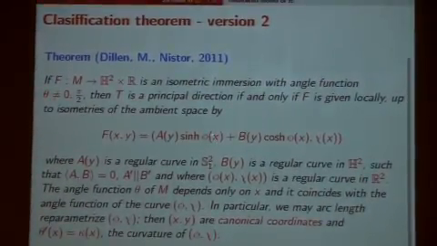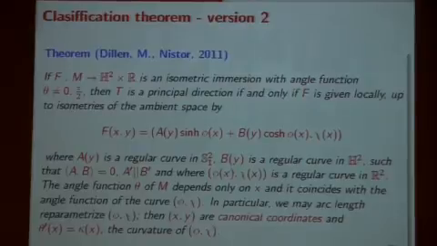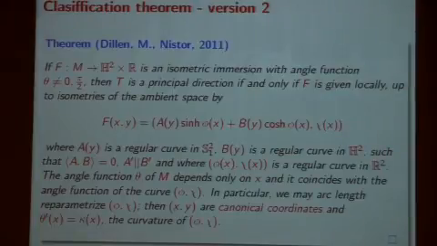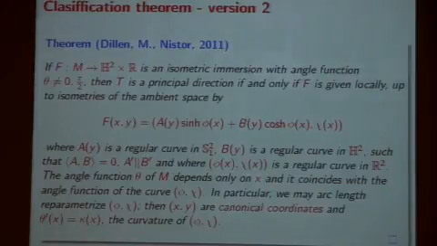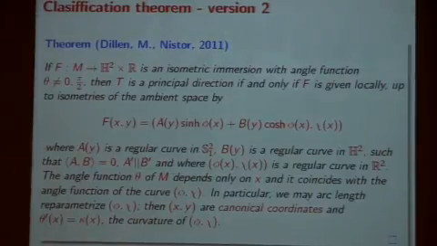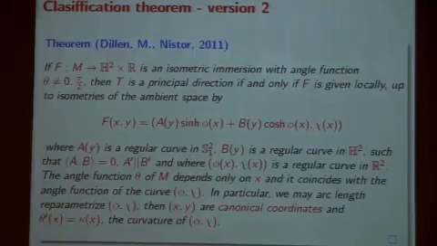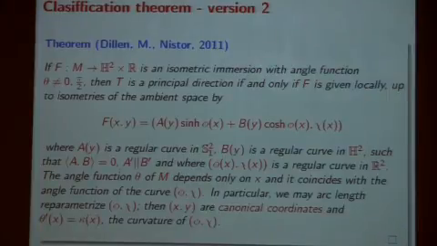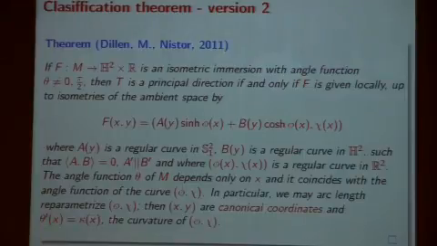And this curve phi hat is a regular curve in S2. The interesting point is that for different surfaces we obtain different interesting curves. Here we'll see some examples. Moreover, if we reparameterize this curve by arc length, we still obtain canonical coordinates, and the curvature of this curve is the derivative of our angle.